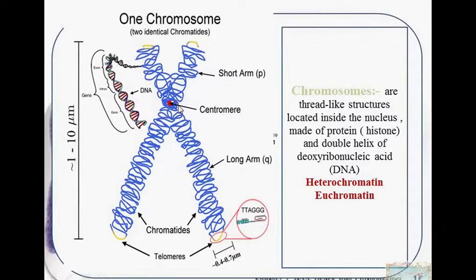Now the centromere divides the chromosome into a short arm, which is represented by the letter P, and a long arm, which is represented by the letter Q. Now the ends of these chromosomes are known as telomeres, the ends of both the sister chromatids.